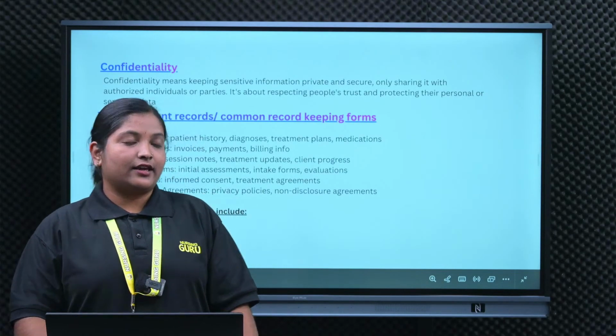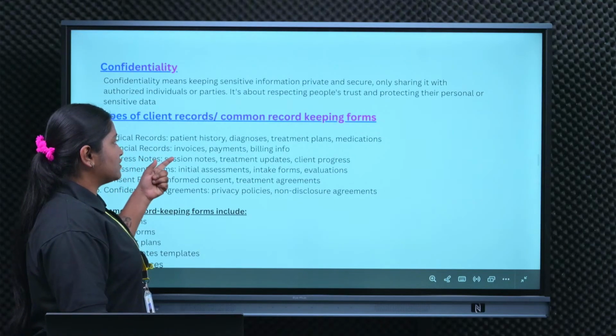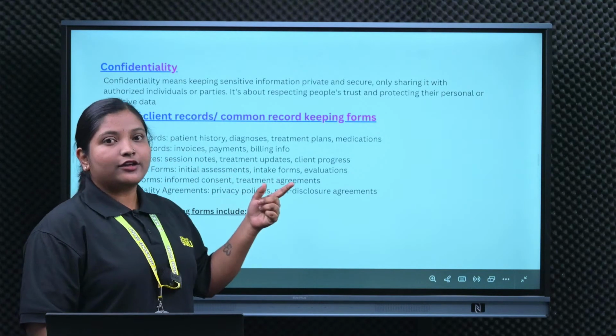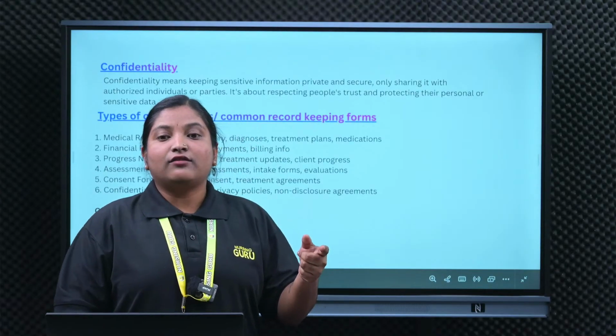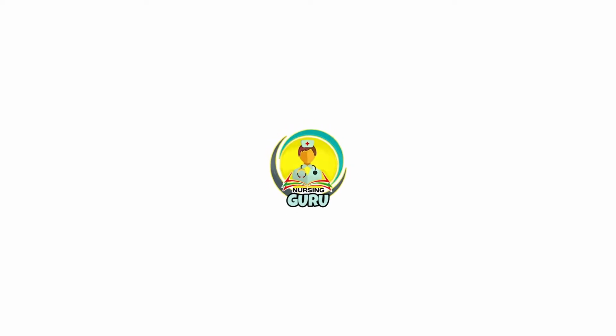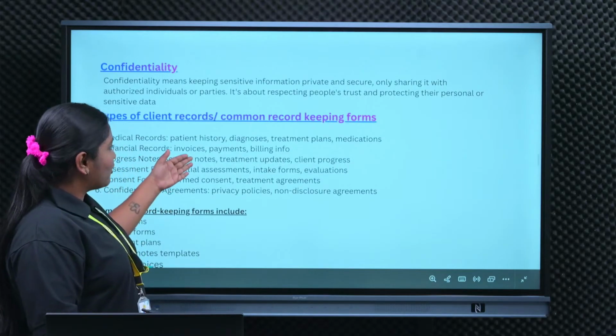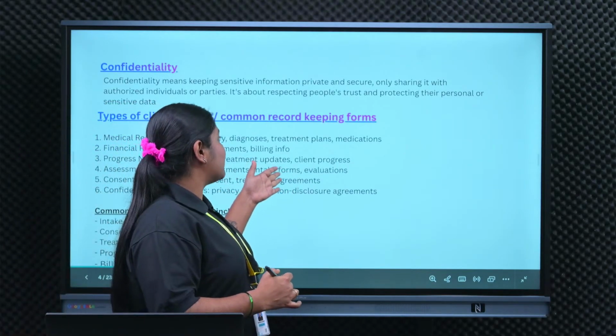The next thing is that you can see here financial records. So this is all about your payments, like invoices, payments and billing info.